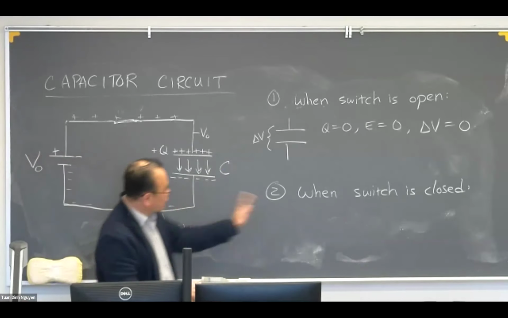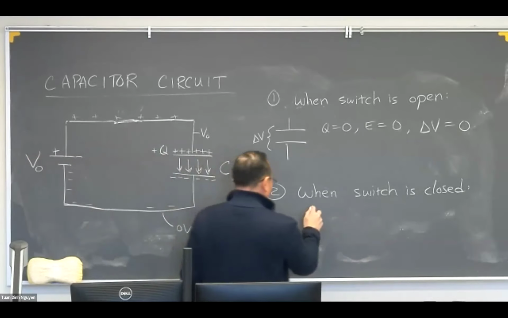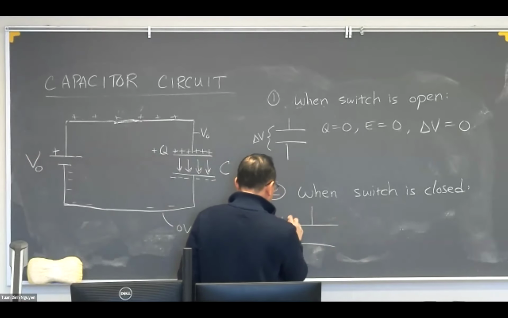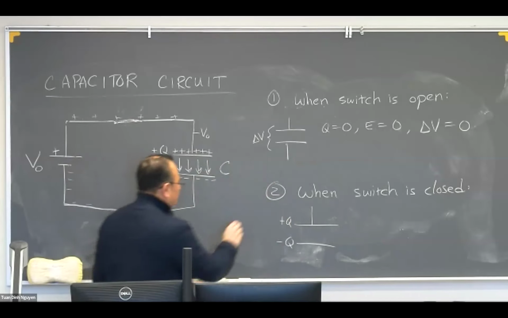Okay, so when the switch is closed, we have plus Q over here, minus Q over there. What's the potential difference now?